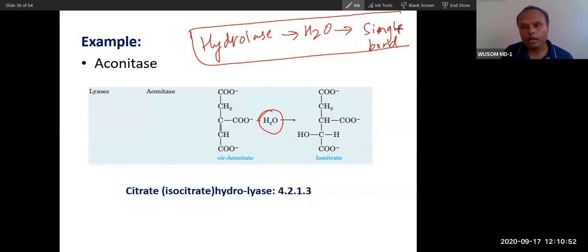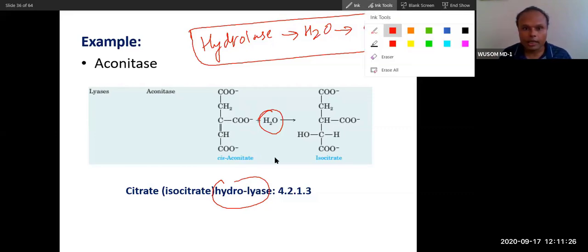I am adding one more thing: hydrolase breaks a single bond utilizing water. There is something called hydrolyase. Now it will break this double bond, not the single bond. If some enzyme breaks the double bond utilizing water, it is called a lyase, specifically a hydrolyase. So don't become confused between lyase and hydrolase.